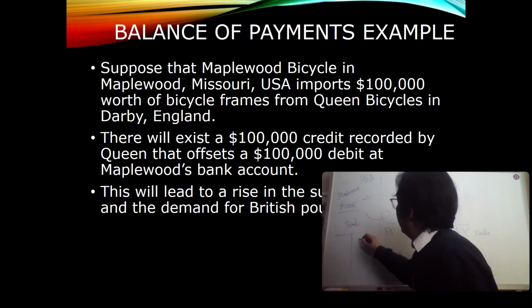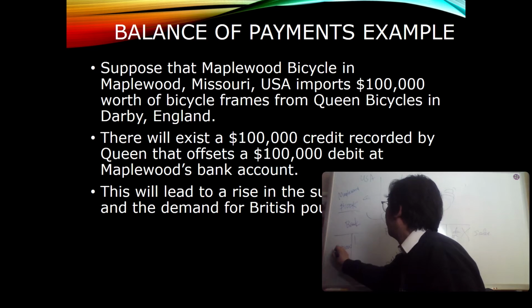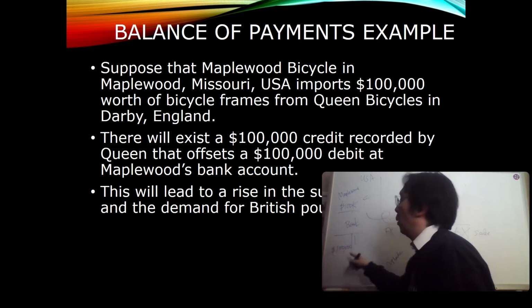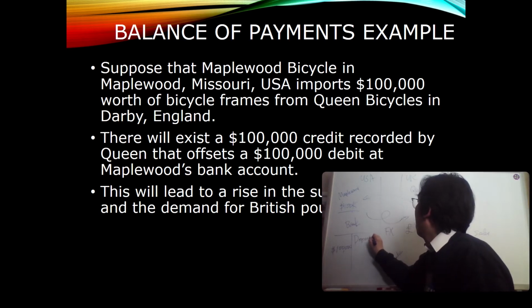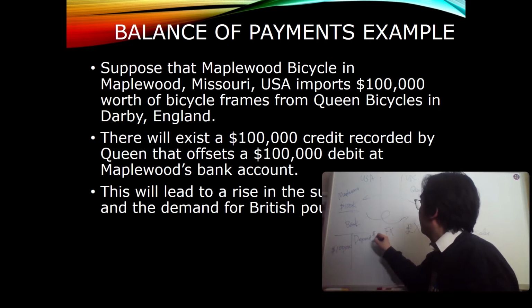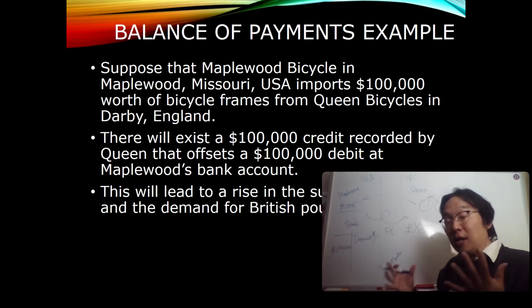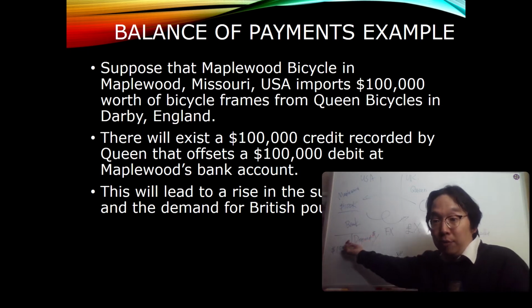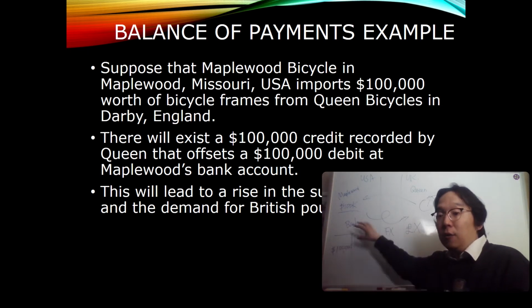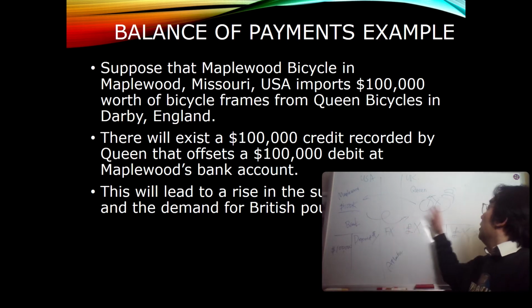Here they will be debiting $100,000 out of their deposit of Y dollars. They must have had some big amount of deposits, and then they had to cash out 100,000 US dollars, convert it into British pounds, and then send those to Queen.